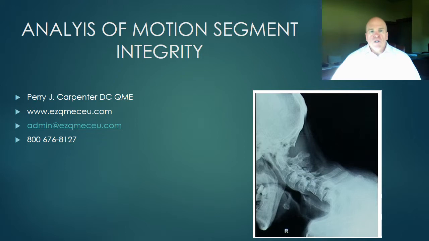And then number three is simply performing the analysis of motion segment integrity right on your desktop using your computer, mouse, and embedded tools in the image viewing software. And then finally, reporting your findings in a credible and substantial way into your QME report. And in this way, you can fully support your findings for permanent impairment due to alteration of motion segment integrity when and if it exists.